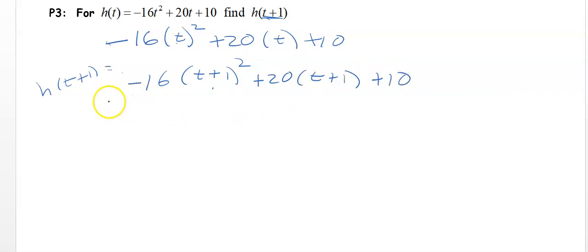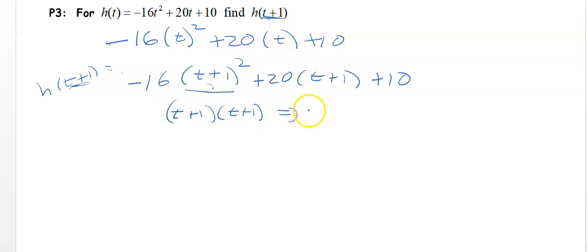So when I'm finished, I'm not going to have a number for my answer. If there's t's or x's or a's in what I'm replacing my variable with, there will be in my answer. Now the other thing is this t plus 1 squared. That's not t squared plus 1. You have to FOIL that. You do t plus 1 times t plus 1 to get that.